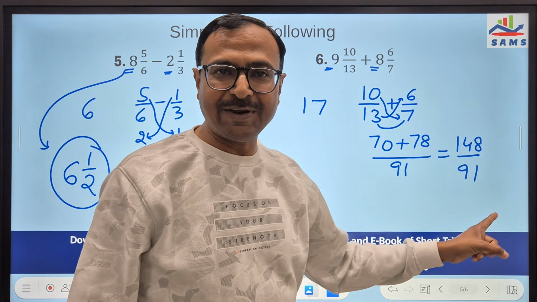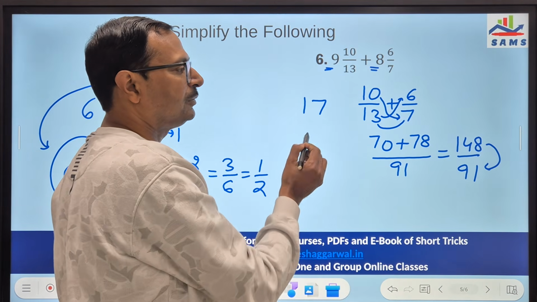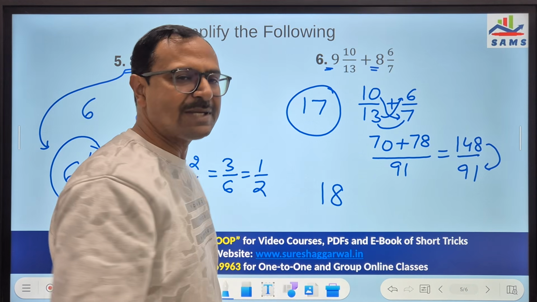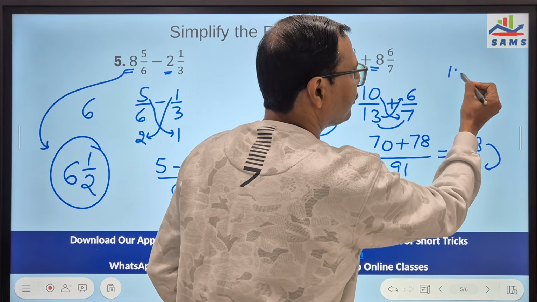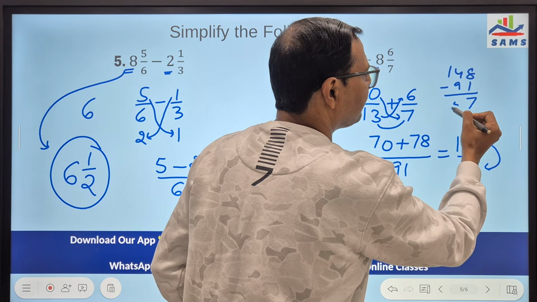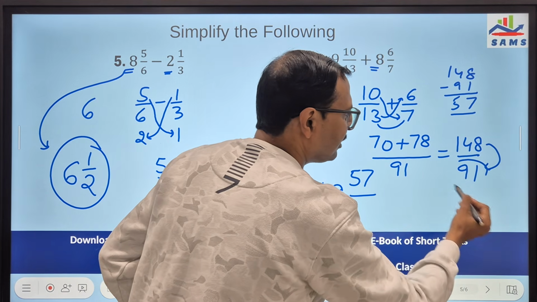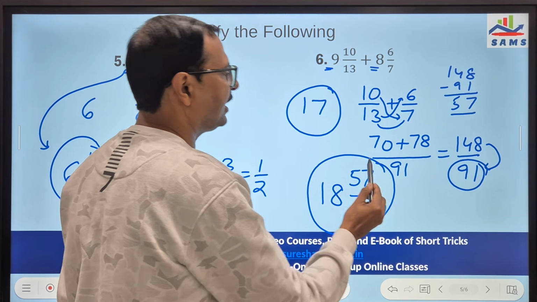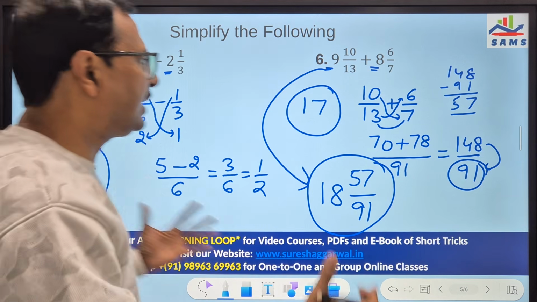When you get an improper fraction, subtract like this, or you have to increase this number by 1. So this 17 becomes 18, and subtract 148 minus 91. 148 minus 91 will be, this is 7 and this is 5, 57, right? So 57 and the denominator will be the same, 91, and this gives me the final answer for this addition problem. See friends, how quickly we can do it.